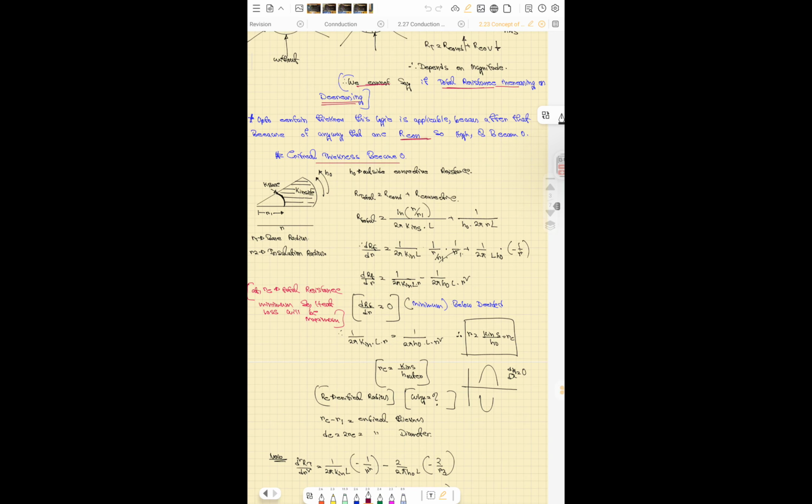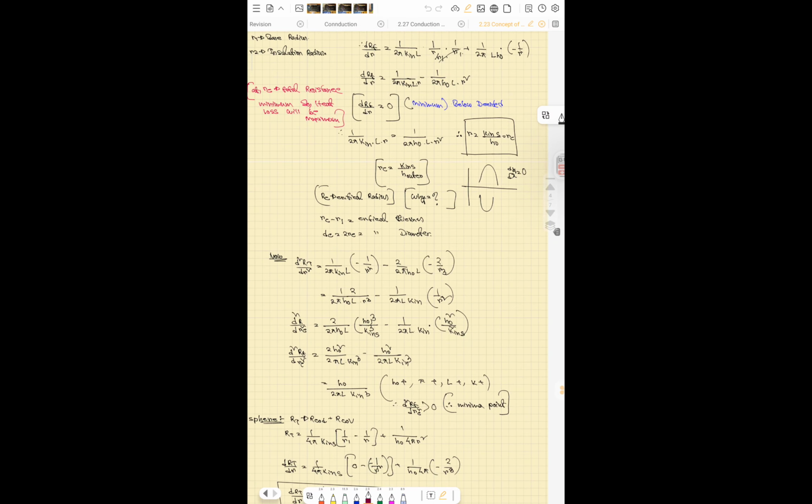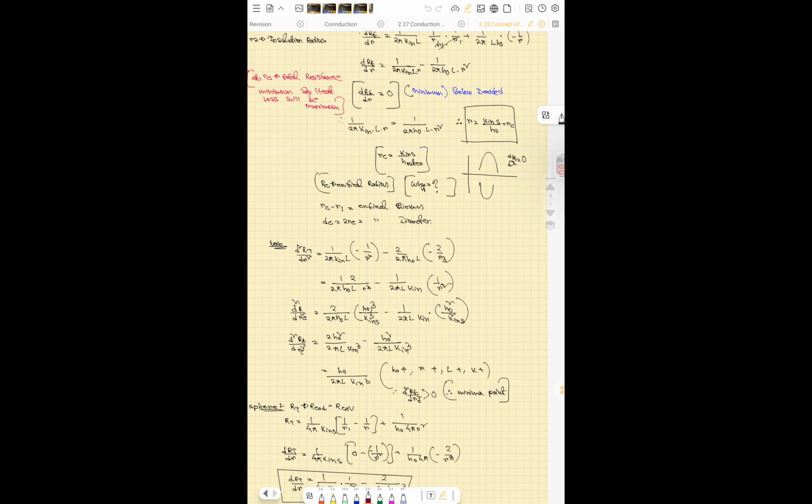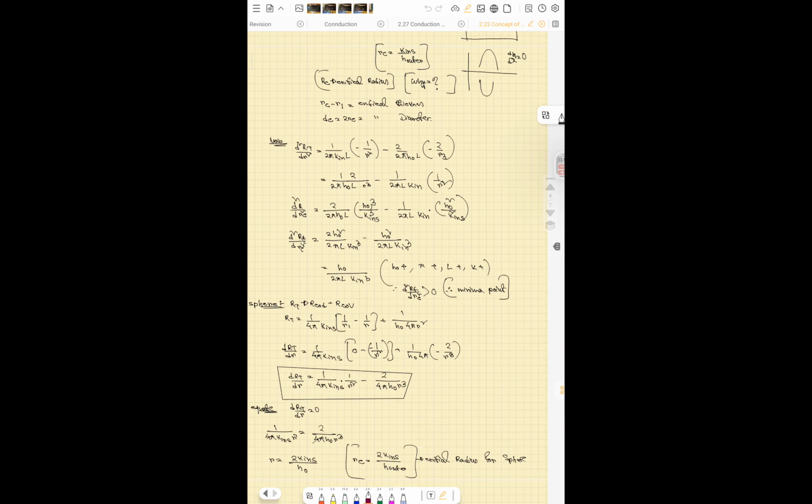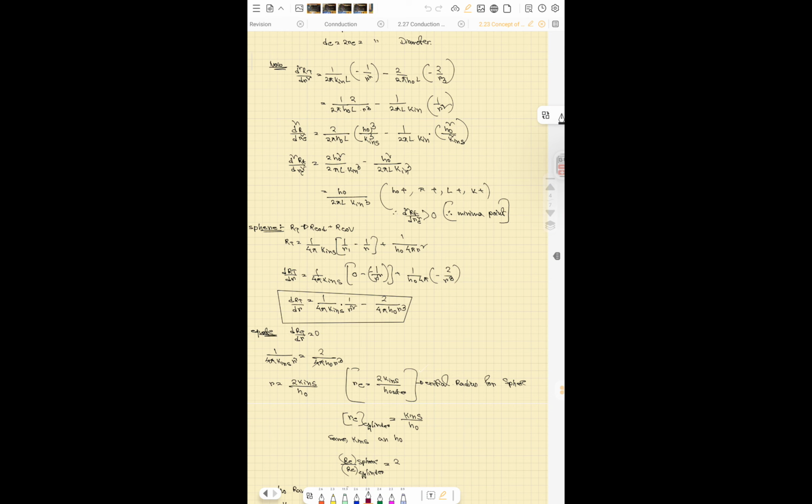The main thing is ln r2 by r1 by 2 pi k insulation into l, and 1 by h0 into 2 pi r into l. So we can again differentiate, and we can again differentiate after that. d2R by dr2 is 2 pi k insulation, which is greater than 0, that is the maximum point, and for the sphere we are getting it as well.